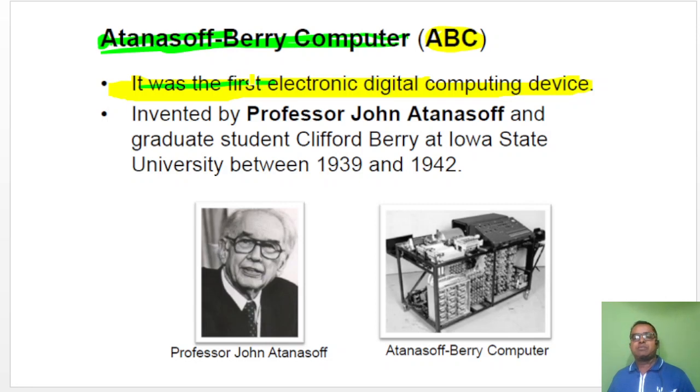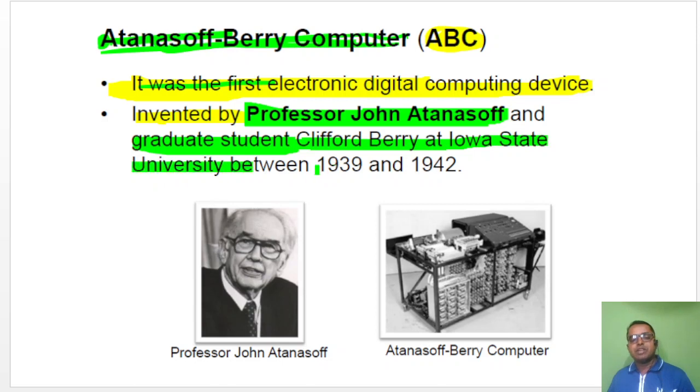Atanasoff-Berry Computer. It was invented by Professor John Atanasoff and graduate student Clifford Berry at Iowa State University between the years 1939 to 1942.